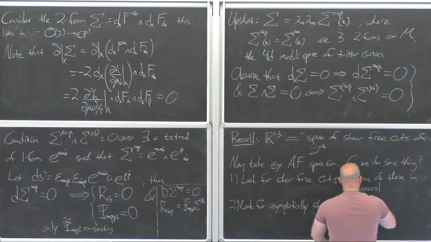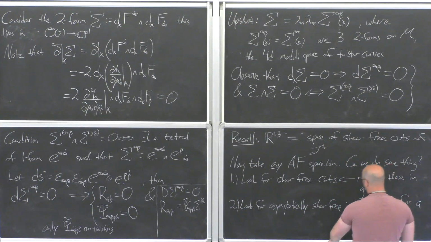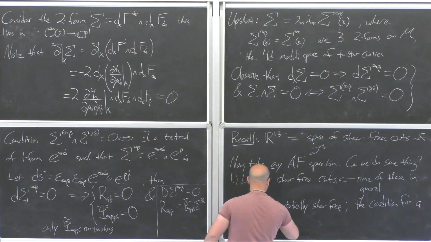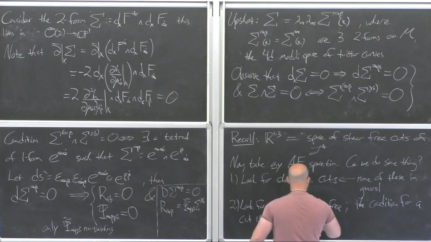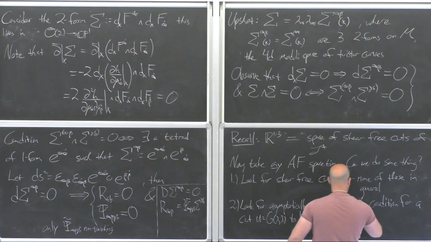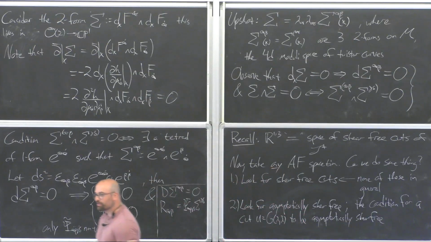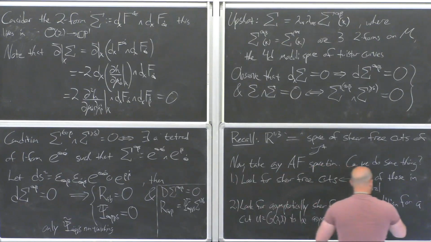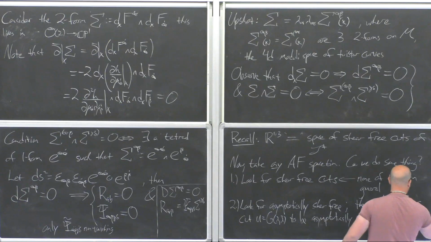So it turns out that the condition for a cut u equals G of lambda lambda bar to be asymptotically shear-free, that is to say, to have come from the intersection of an asymptotically shear-free null geodesic congruence with Scri, is eth bar squared G is equal to sigma bar naught.